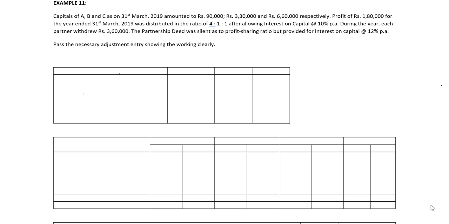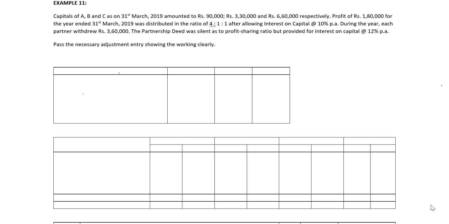Obviously, the capitals of A, B and C given as 90,000, 3,30,000 and 6,60,000 are at the end of the accounting period, on 31st March 2019. So since we are following the fluctuating capital method, we need to calculate the opening capital from the closing capital.